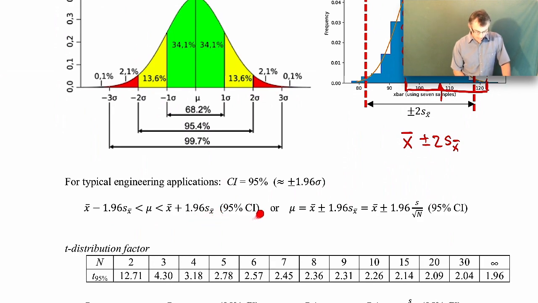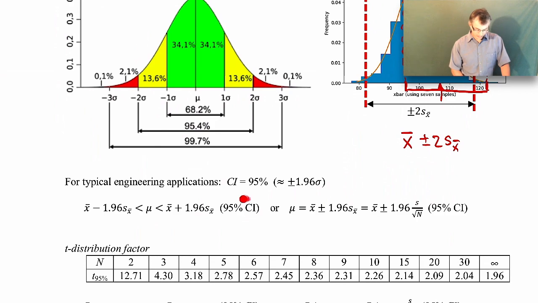Oftentimes we'll put in parentheses 95% CI to indicate that we're talking about a 95% confidence interval. A lot of times people won't put that in because that's the default for engineering. If you use something other than 95%, let's say you wanted to be 99.7% confident, then you do plus or minus 3 standard errors.